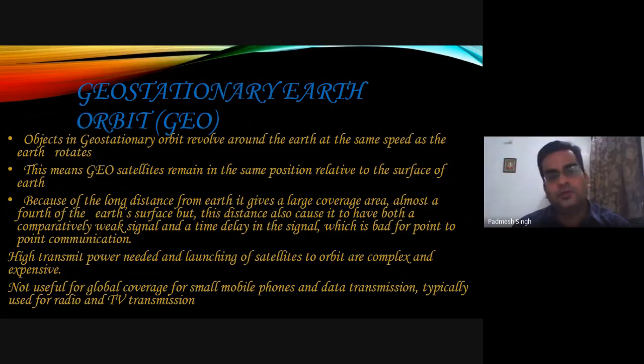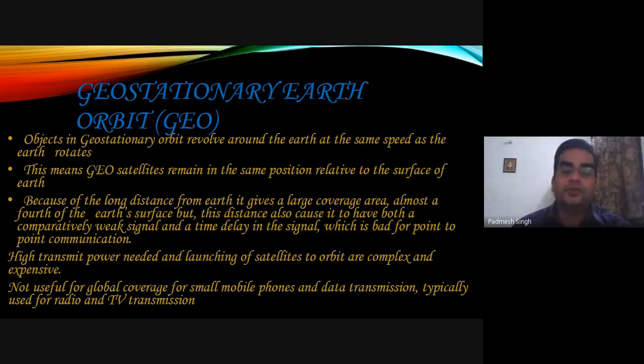So what is the use of geostationary satellites? If it remains stationary with the Earth, the use is weather. It is used for weather forecasting. It is used for mobile phones.